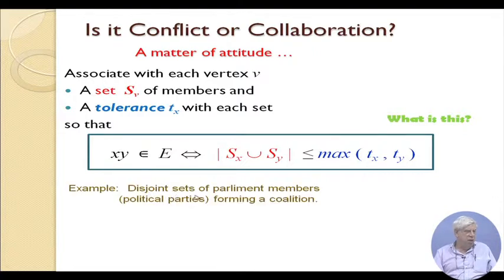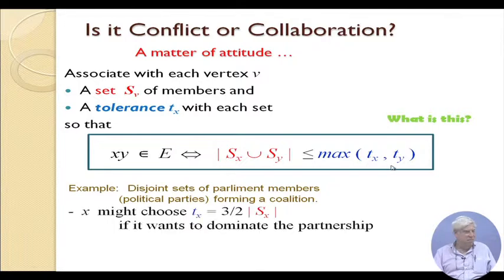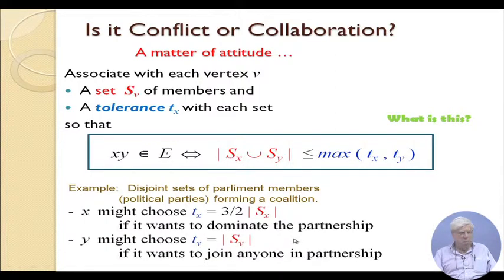Example: disjoint sets of parliamentary members or political parties forming a coalition. But the size of the coalition has to be below some number. X might choose his tolerance to be 3/2 of his size if he wants to dominate the partnership.